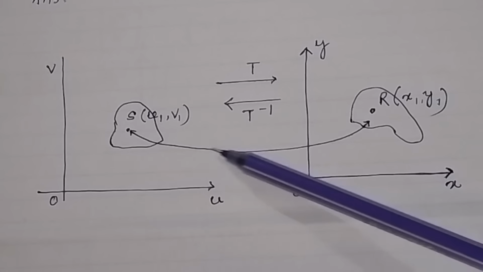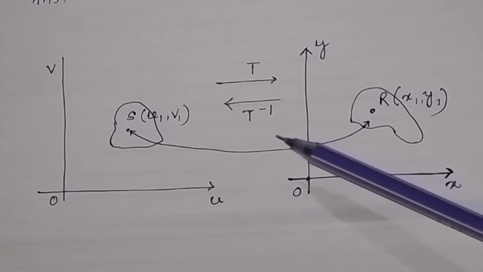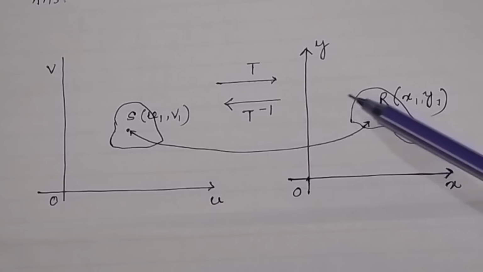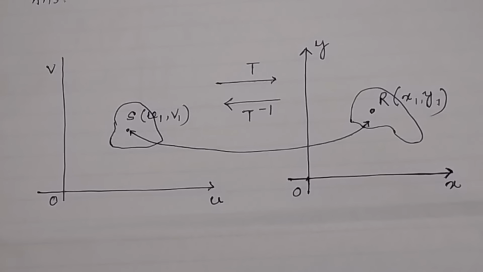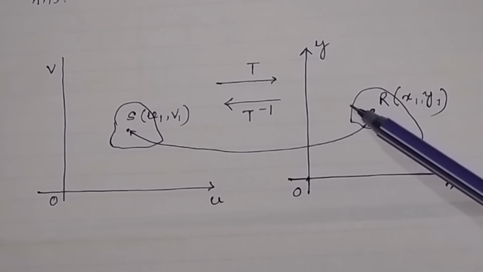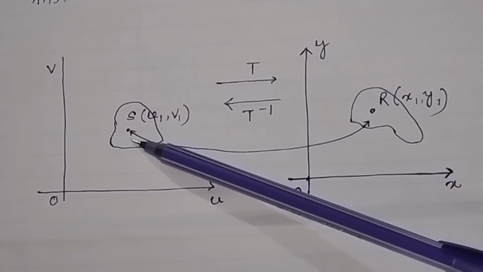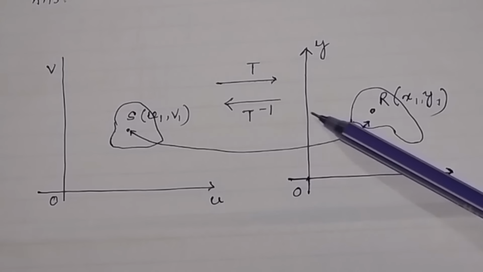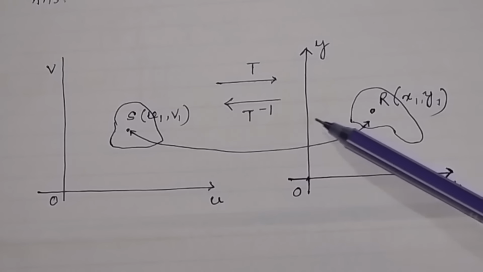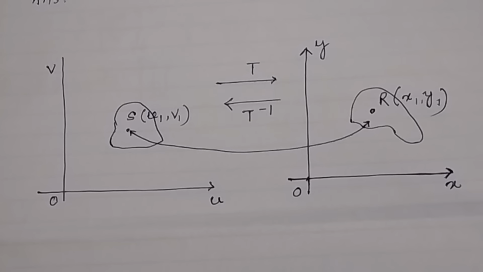So when you transfer the function from S to R, you need the Jacobian matrix or Jacobian determinant. Again, if you change the function from R to S, the transformation will be T inverse. In this case also you apply the Jacobian matrix or Jacobian determinant.